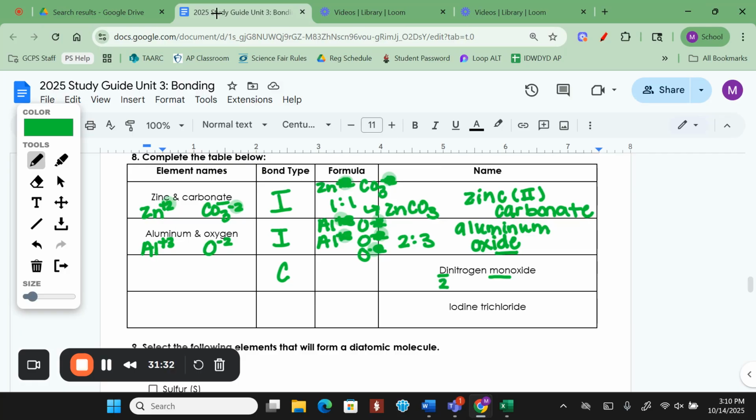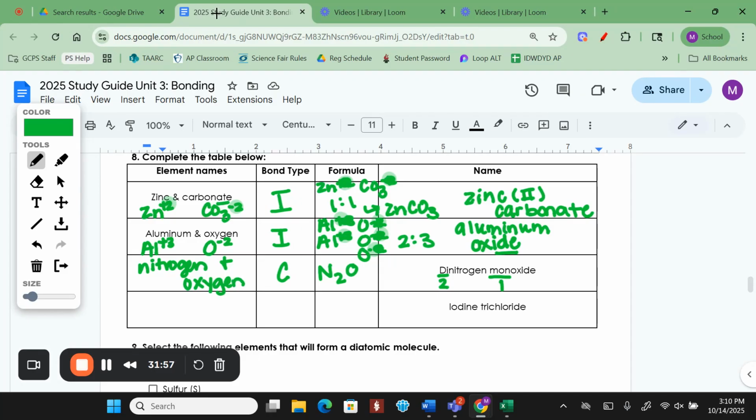So essentially there are 2 nitrogens. That formula becomes N2 then. Monoxide is 1 oxide or 1 oxygen. So that becomes O. That means that in this compound we are dealing with nitrogen and oxygen as our elements.